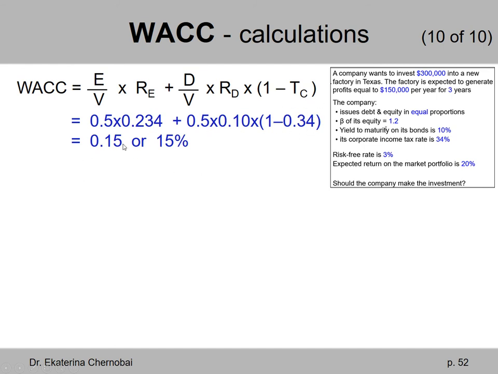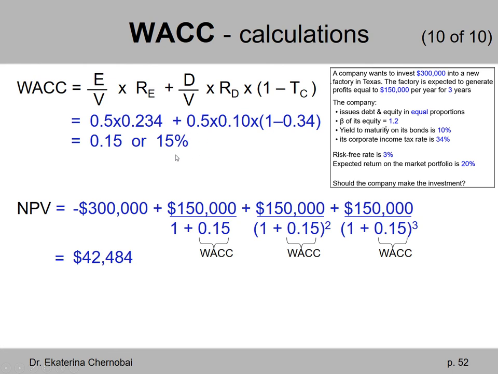This gives us 0.15 in decimals, or 15%. 15% is how much it costs the firm every year on the money that stock and bond buyers provided to the firm. And so this is the minimum the firm should want to earn on any new investment project. So we are now using 15% as the discount rate for the project in our problem.